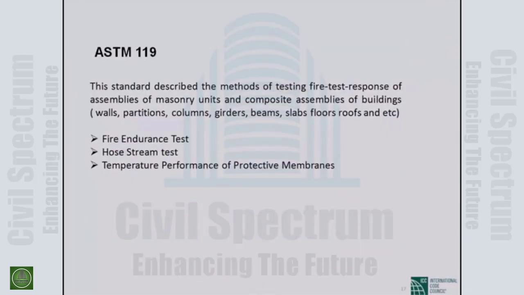How is ASTM E119 tested? They have two types of tests. One is fire endurance test and another is hose stream test. Actually, fire endurance test is done when a member is under load, and that load it is subject to at a certain temperature in a furnace.